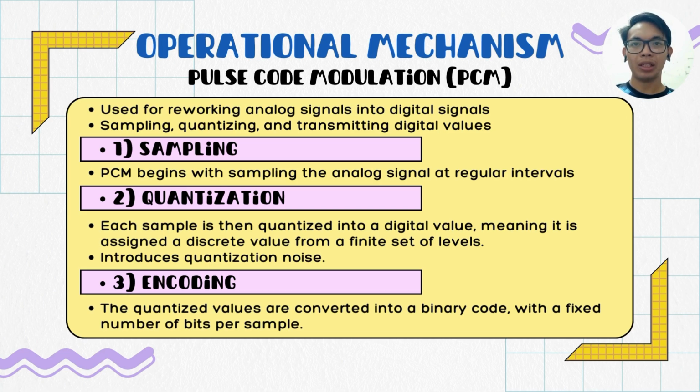Each sample is then quantized into a digital value, meaning it is assigned a discrete value from a finite set of levels. This introduces quantization noise. After that, the quantized values are converted into a binary code with a fixed number of bits per sample.